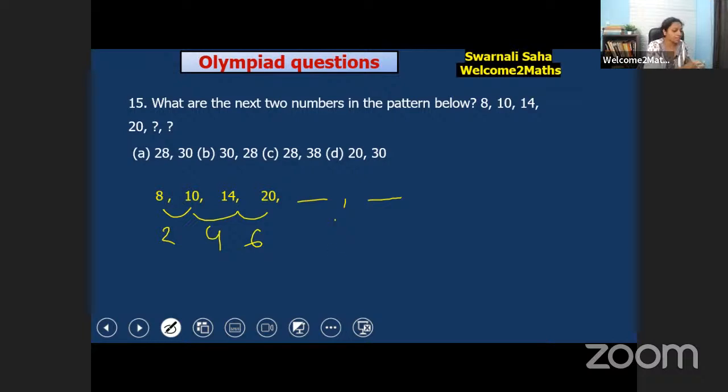So what would be the next number? Obviously 6 plus 2 is 8. So 20 plus 8 is 28. Now the next difference would be 8 plus 2, which is 10. So 28 plus 10 is 38.